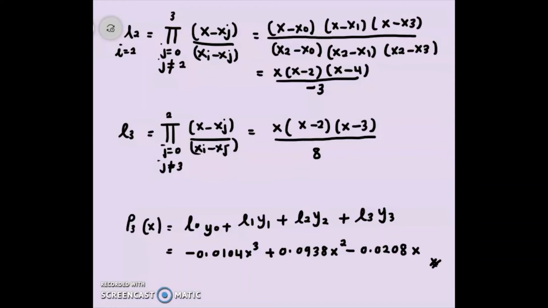Okay, so the next method I want to show you is NDD. The next method that we want to show is by using Newton divided difference, NDD.